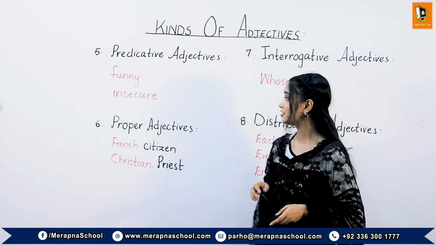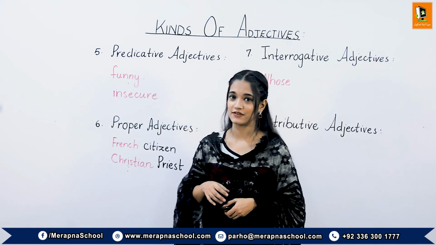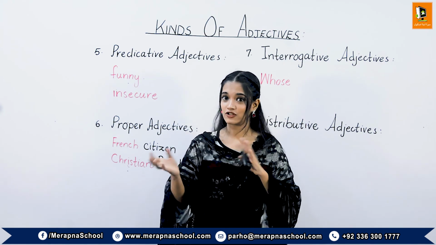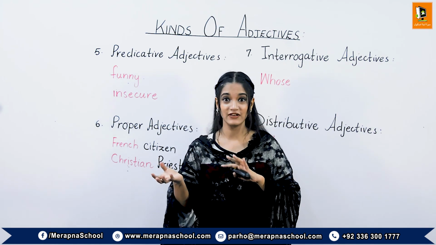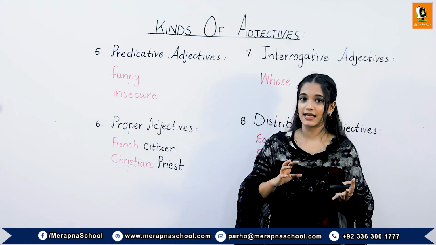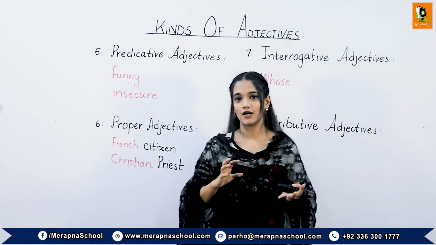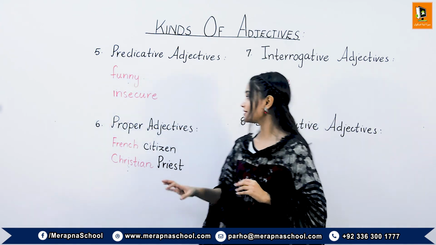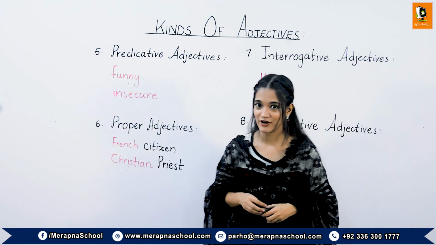Now we are going to talk about the proper adjectives. I have talked about the formation of adjectives, that adjectives can be formed from nouns. These nouns can be proper nouns or common nouns. The adjectives that are formed from proper nouns are called proper adjectives.